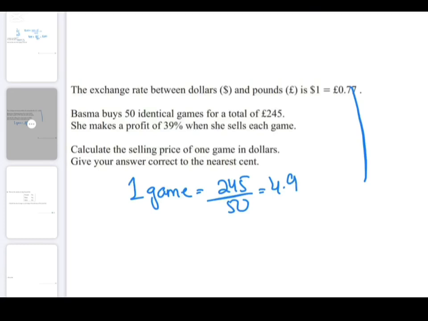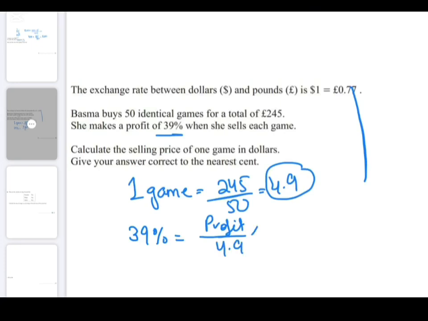She makes a profit of 39% when she sells each game. As I told you, write down the profit and loss formula. Now you can see I am applying it. The profit percentage is 39%, equal to profit over the cost price of each game, 4.9, multiplied by 100.